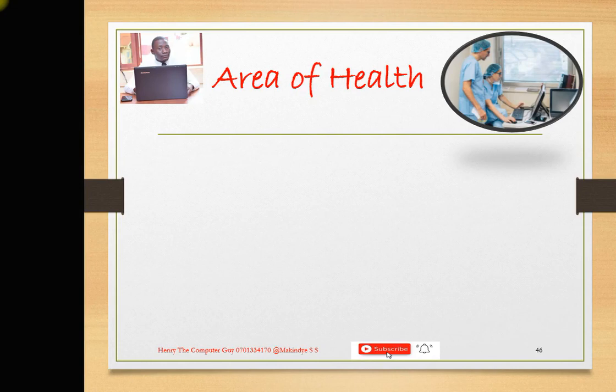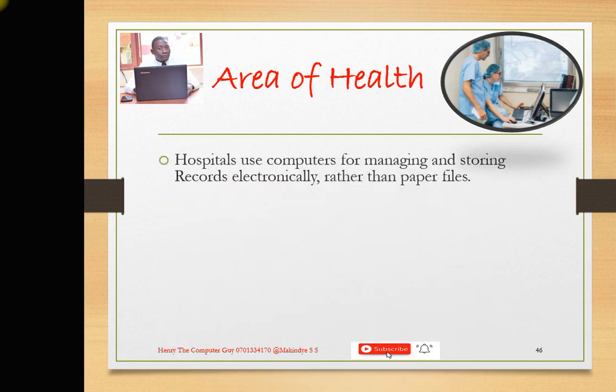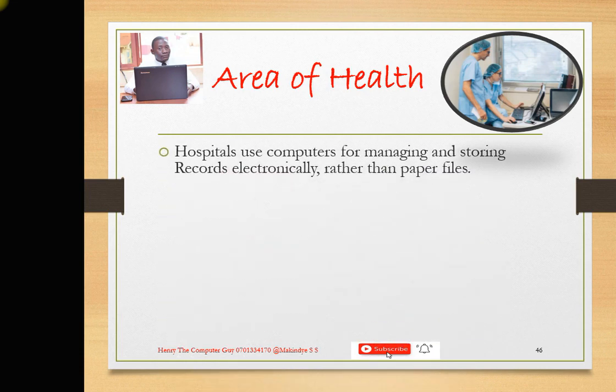We are actually going to be talking about the application areas of ICT, for example, in health. How do we use computers in health or hospitals? Hospitals use computers for managing and storing records electronically rather than paper files.